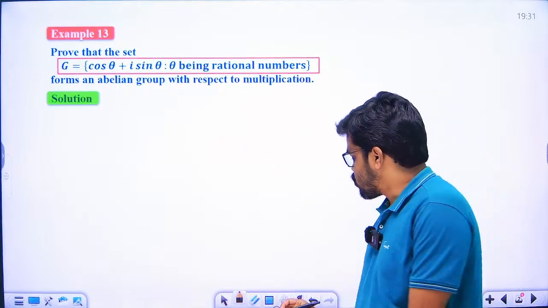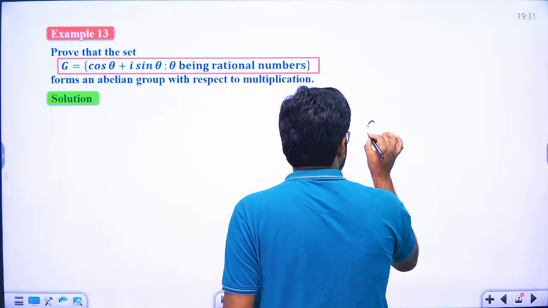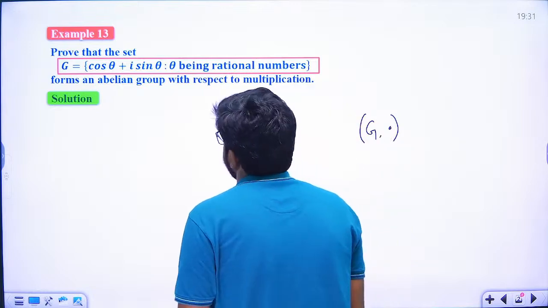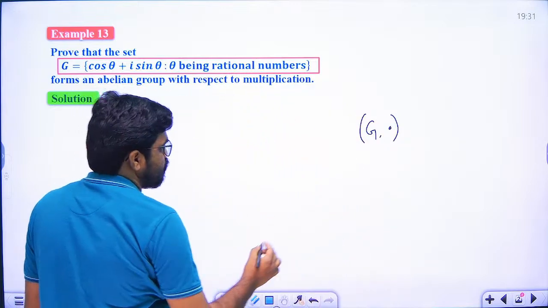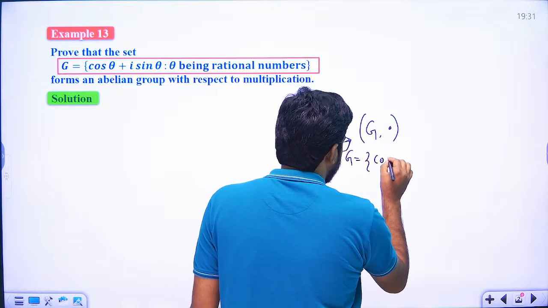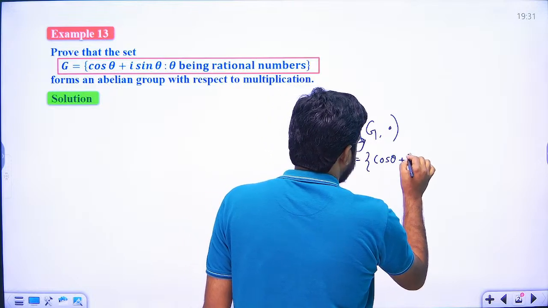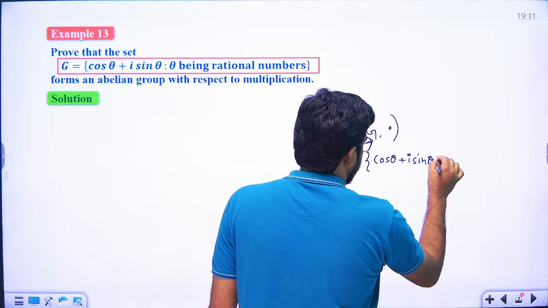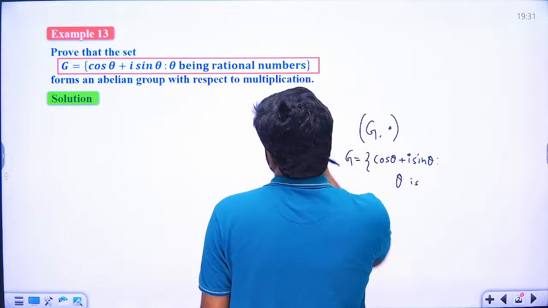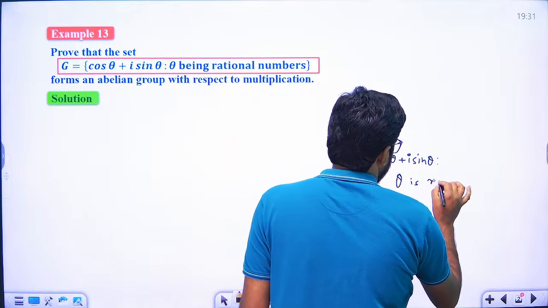So we have to show that G is a group with respect to multiplication. Here G is defined by G equal to cos theta plus i sin theta, right? What is theta? Theta is a rational number.